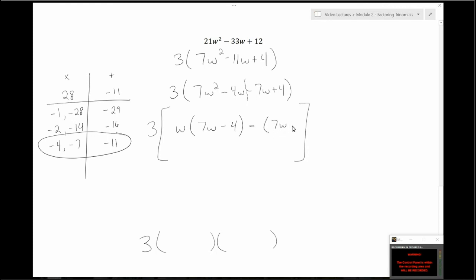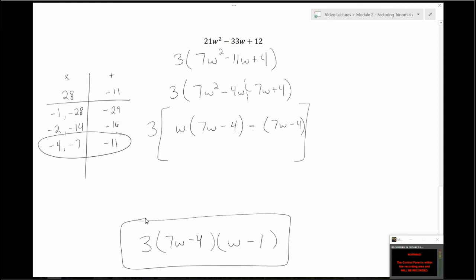Because again, when I do that, that'll leave me the 7w minus 4 that I want. So now I can take out that 7w minus 4 from each one. And what's left over is w minus 1. And that 3 on the outside just came along for the ride.